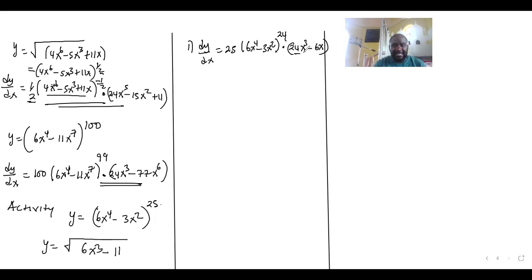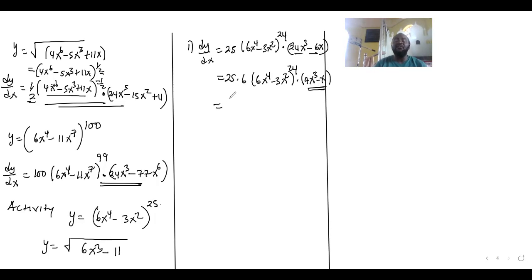Now they factor out the 6 here and you realize 25 times 6 (6x^4 minus 3x^2)^24 times (4x^3 minus x). Others can even go as far as factorizing out the x from these two.